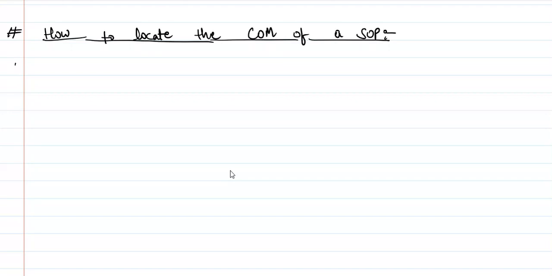First, we are going to study about mass moment. What is mass moment? Then, with the help of mass moment, we can easily find out the center of mass of any system of particles given to us. Okay, so what is mass moment?